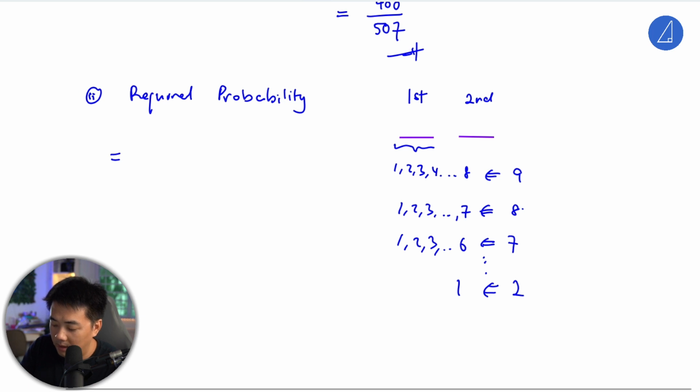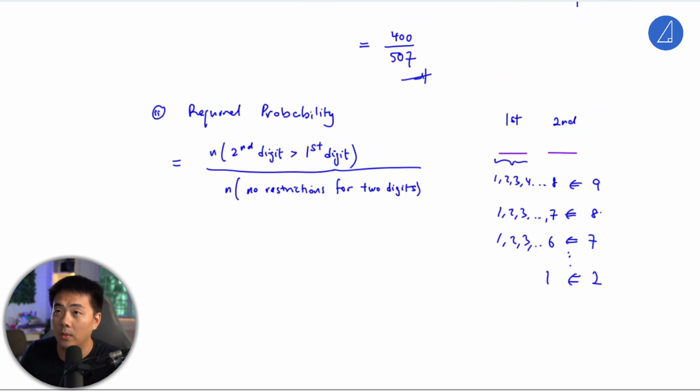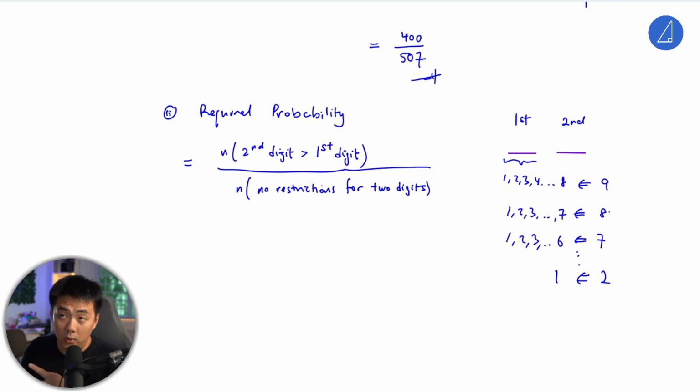The required probability is the number of ways that we can, over the number of ways with no restriction. So this is it. I only consider the 2 digits, right? The number of ways the second digit is higher than the first digit. We just sum. This is 1 way, this is 8 ways, 7 ways, 6 ways, and so on.